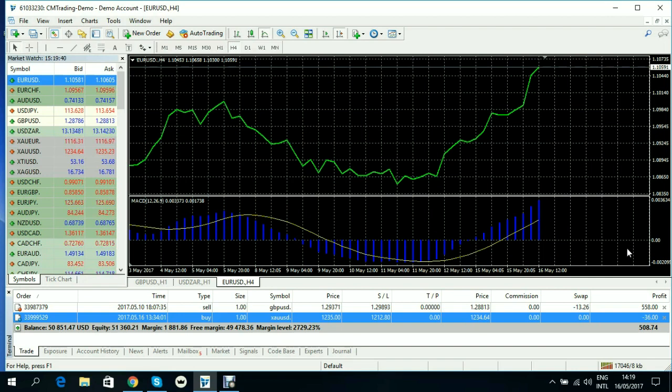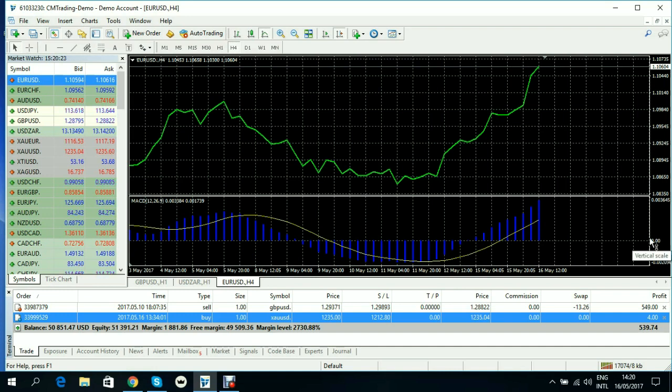The MACD has a setup, so let's try to follow this simple setup. To use MACD as an entry point, you need to take note of these simple instructions.